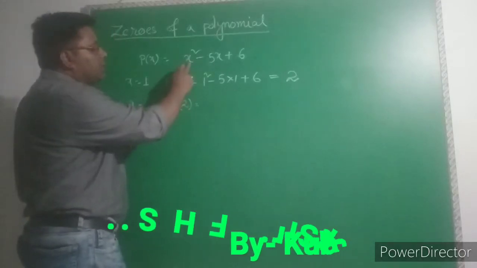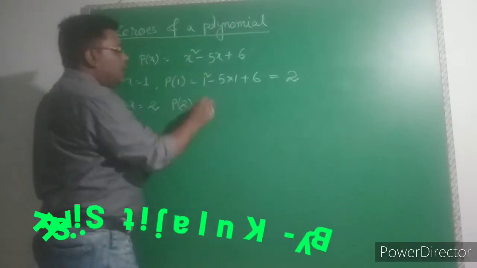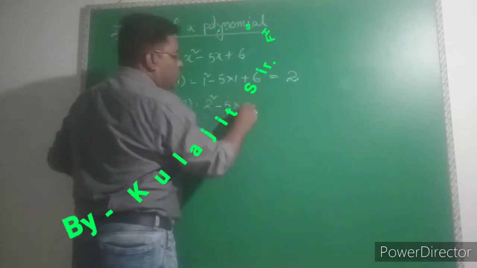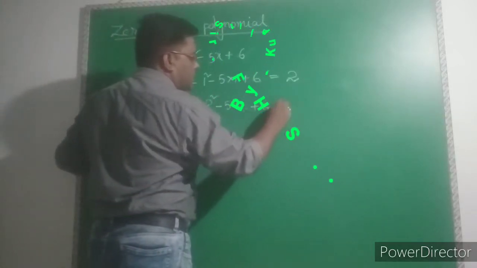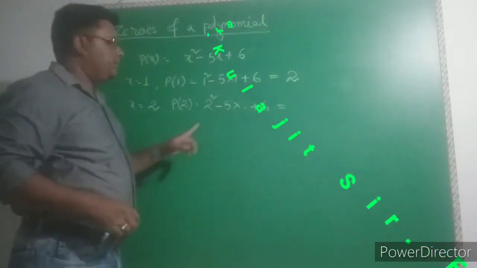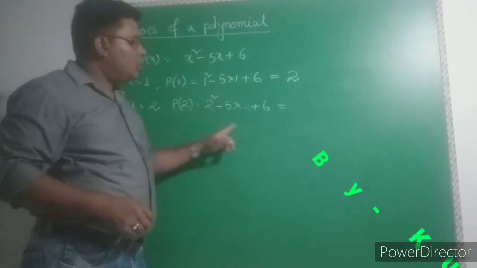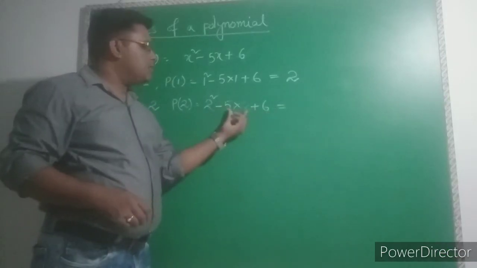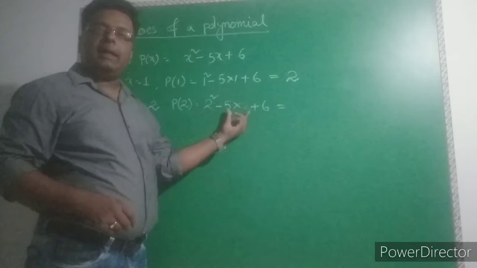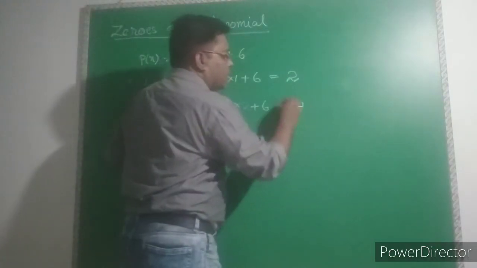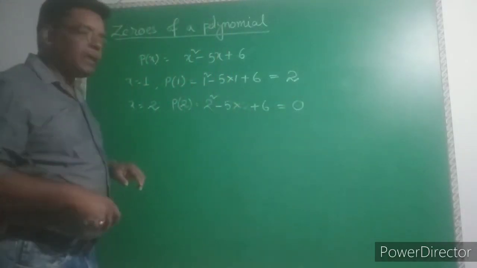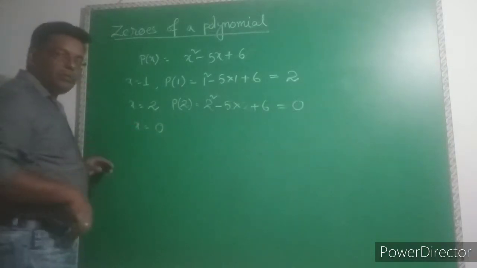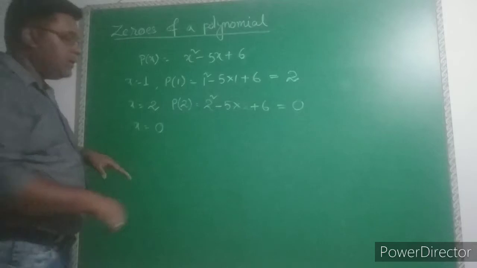It becomes 2² - 5 into 2 + 6. 2 square means 4, 4 plus 6 is 10, minus 5 into 2 is 10. So 10 minus 10, we get 0.